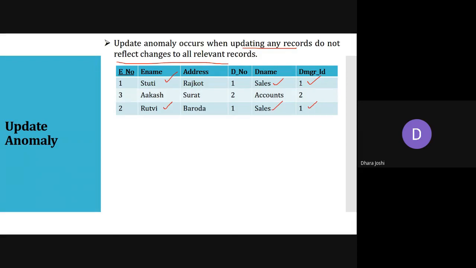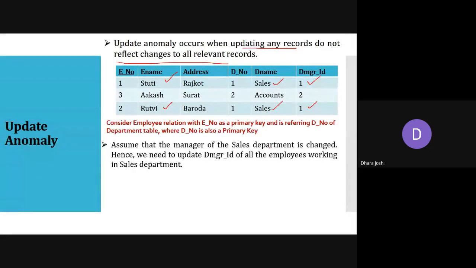Suppose the manager now changes, like from this 1 it will be changed to 3 or 5, anything. The manager is changed and it will be reflected in any one of them, but not in all the sales department records. Ideally, for one department there is one manager, but Stuti and Rutvi work in the same department, and due to some update related issue they do not have the same manager. Assume that the manager of the sales department is changed.